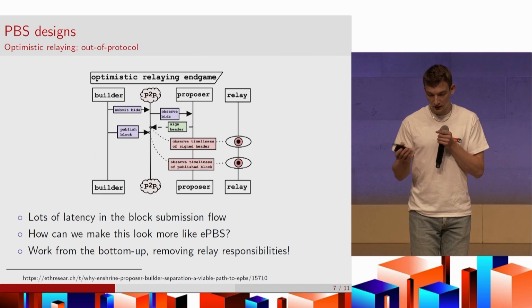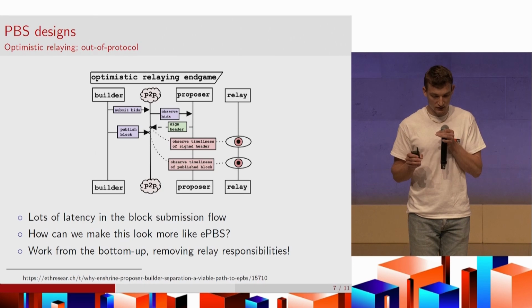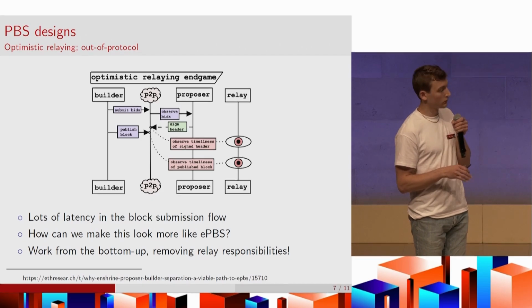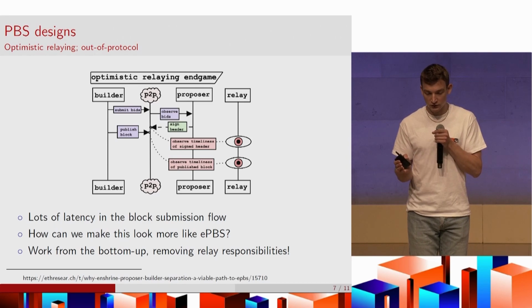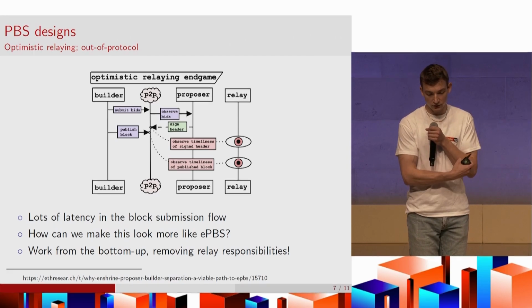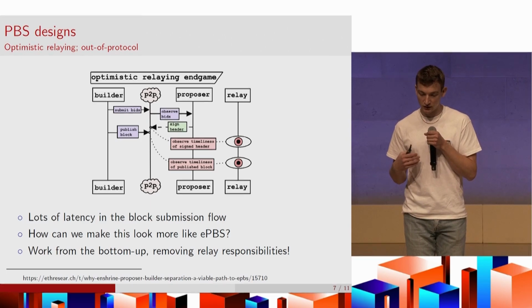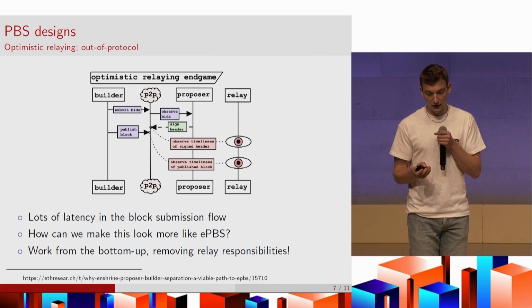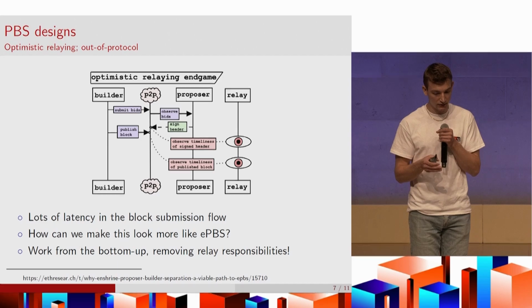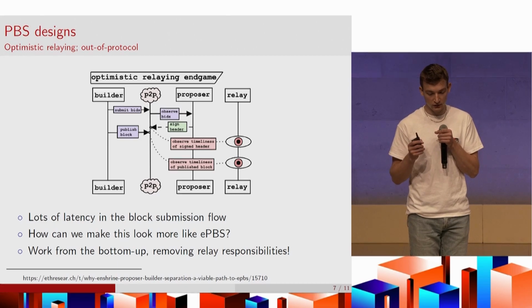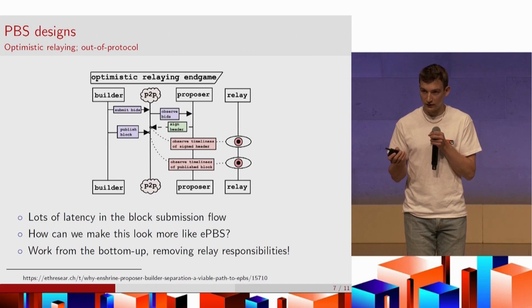And the endgame version of optimistic relaying, and these diagrams are kind of wordy, so don't worry too much about the details, but the endgame here is that the builder and the proposer actually interact through the P2P layer. So the builder gossips the bid, the proposer gossips the signed bid, and the relay essentially just takes a snapshot of the mempool of the P2P layer at given timestamps and attests to the accuracy and the timeliness of different events.